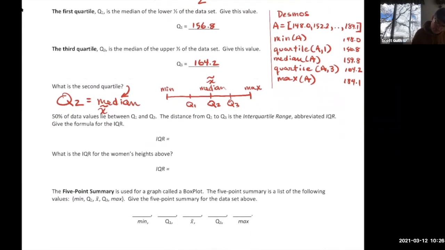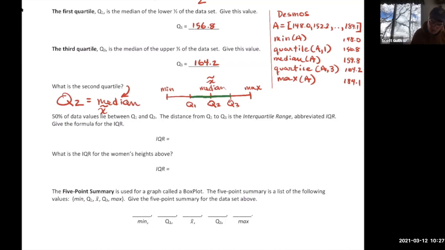Okay. Now, it says that 50% of the data values lie between the first quartile and the third quartile. Each of these intervals is 25% of the data. So from the first quartile, I'll go ahead and do this in a darker color here. This range here in green is the interquartile range.